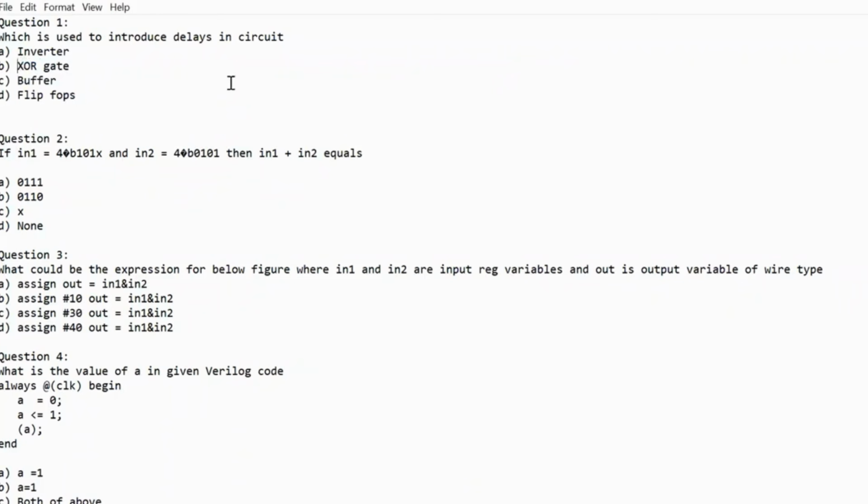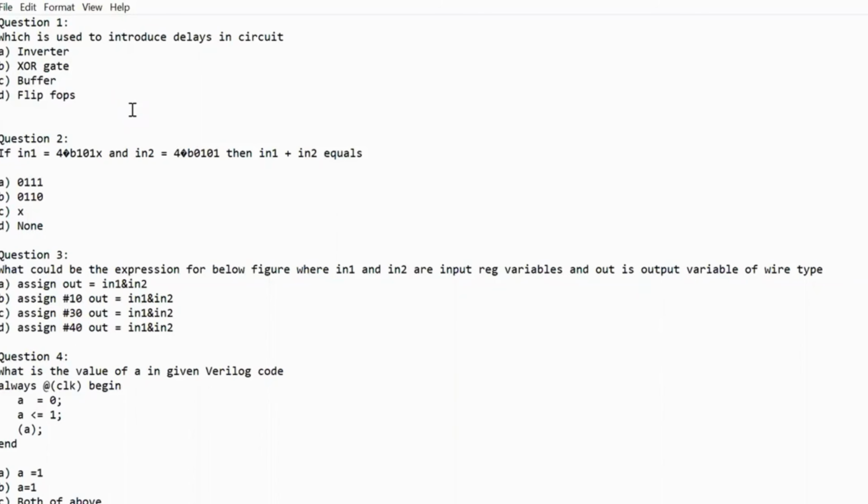Inverter has a delay, XOR has a delay, flip-flop has a delay, different delays. Each gate, each component will have different delays. But buffer means it doesn't change the value. That means whatever input we give, the output is also the same. So it doesn't change the value.